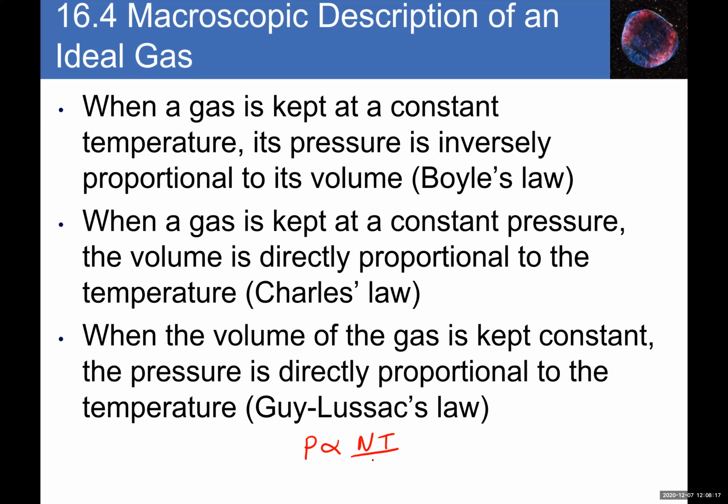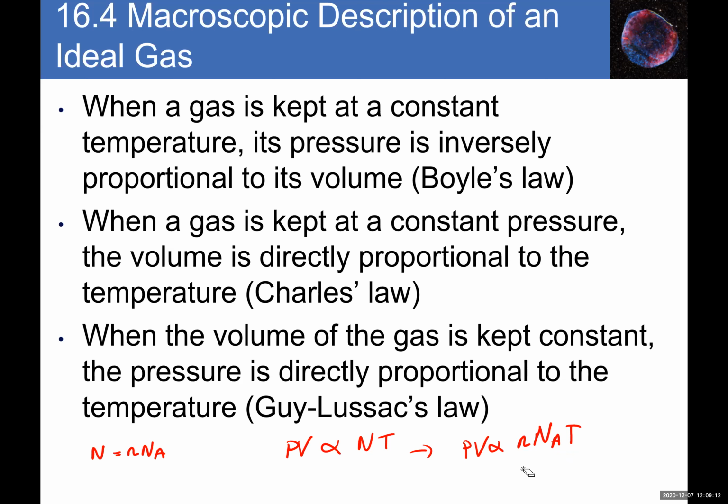So I can technically say this is the number of moles times Avogadro number times temperature over volume. Most of the time, we move the volume to the other side. So we say P times V is proportional to NT, or P times V is proportional to the Avogadro number times the number of moles times temperature. So those are the proportionality signs we have.